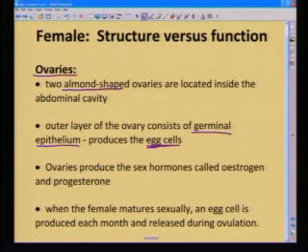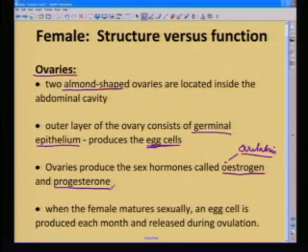Then ovaries produce the sex hormones estrogen. Now, we say estrogen, but it's written oestrogen. And just remember, this O is for ovulation. Okay. So O, ovulation, oestrogen. And progesterone, remember the P is for pregnancy.